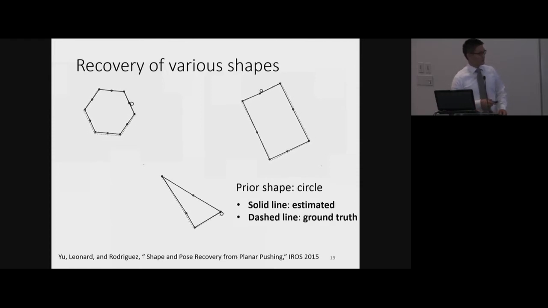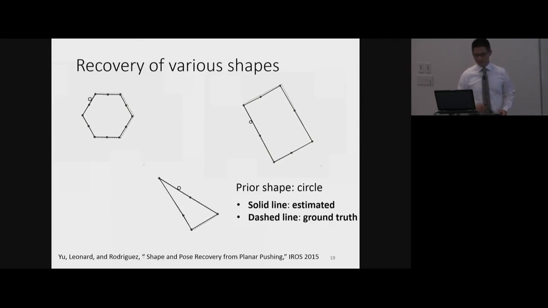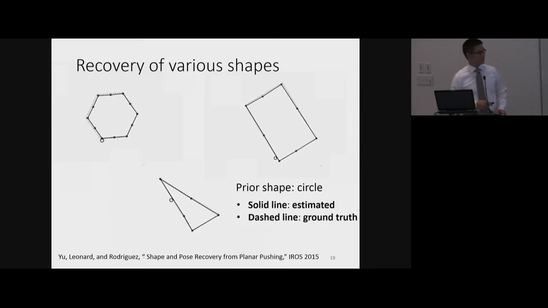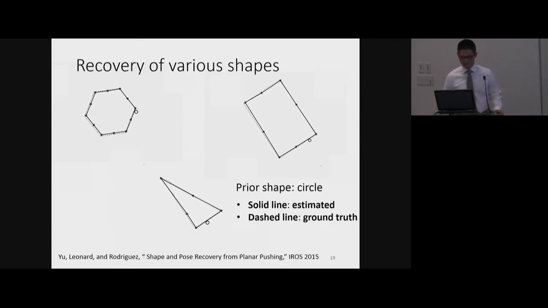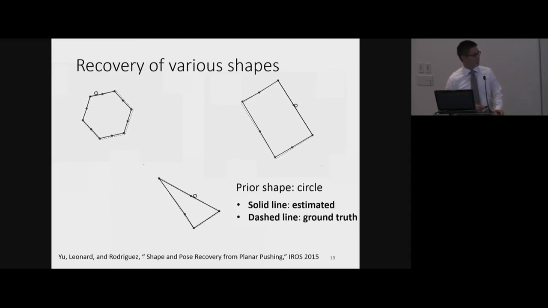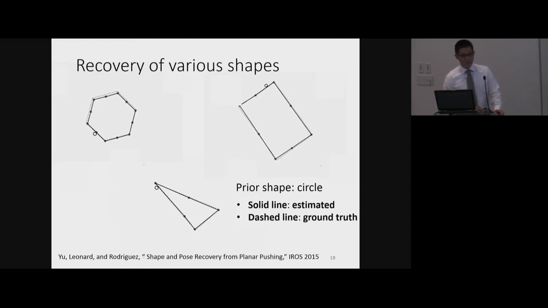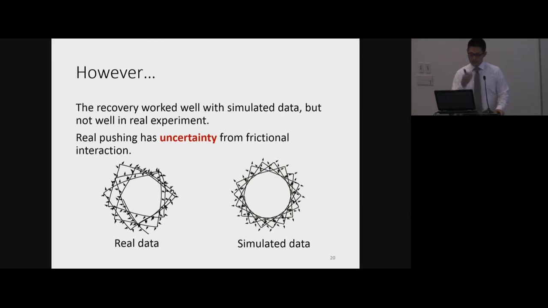We were pretty excited and published this work at IROS 2015, titled Shape and Pose Recovery from Planar Pushing. After this, we tried to work on the real experiment. We found that this work does well on the simulated data, but not well in the real experiment.